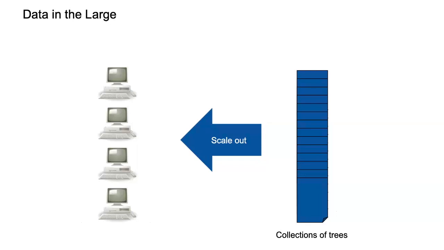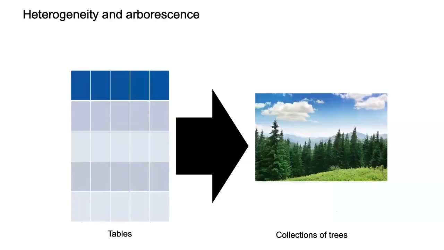So we saw, and again, that's because of this, that we scale out the collections of trees to multiple machines. Now we have data centers with thousands of machines, and we spread the trees all over the machines. This is what we call scale out. So scale out, scale in is the opposite. Scale up means you build more expensive machines, scale down, less expensive machines.